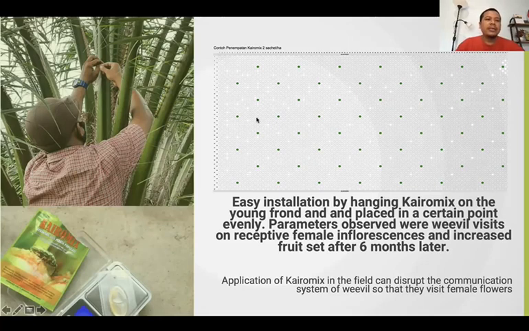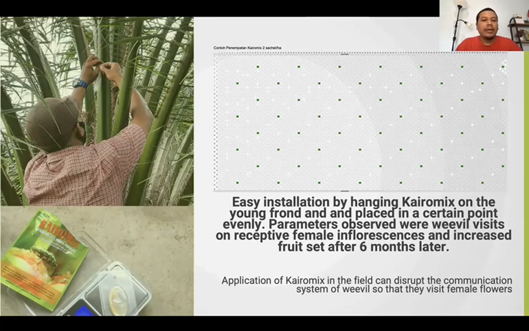For example, palm as a point of installation at an interval of 6 rows and 6 palms and so on until evenly distributed, as well as taking leaf samples for fertilization. For parameters observed, we will visit receptive female inflorescences and the increase in fruit set after 6 months.